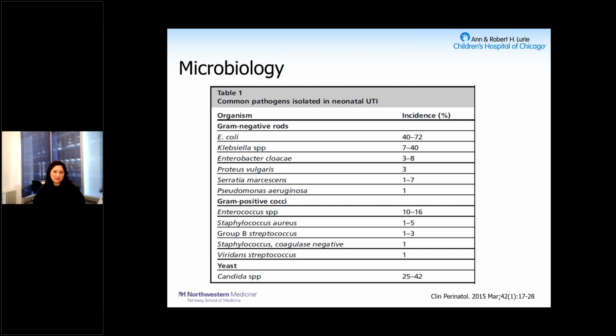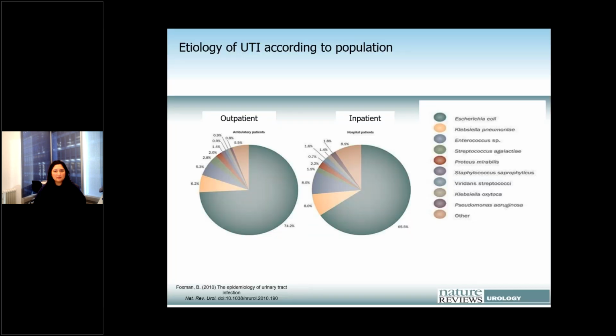And then there are others such as Klebsiella. Some of the gram-positives such as Enterococcus and Staph aureus can also cause infections, but by and large, it's really the gram-negatives that cause UTI in the neonatal population and also in the older pediatric population.